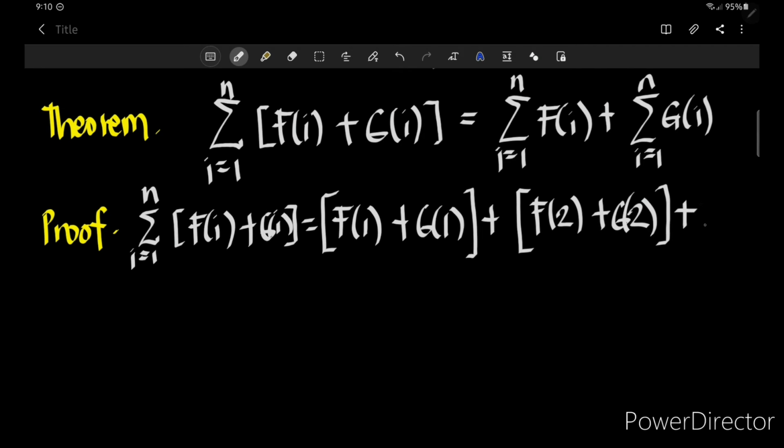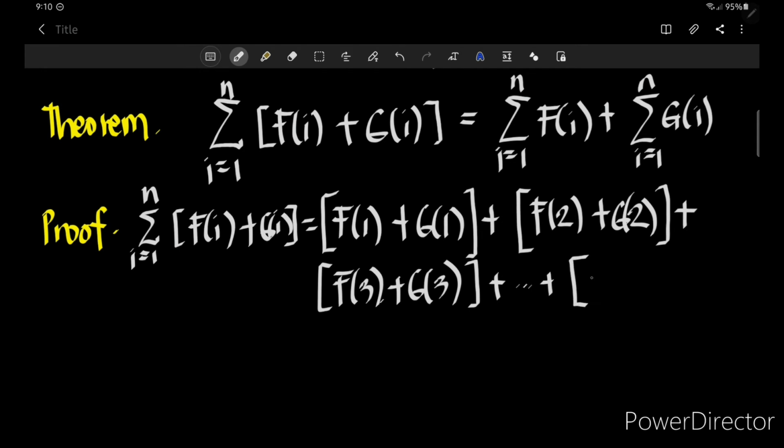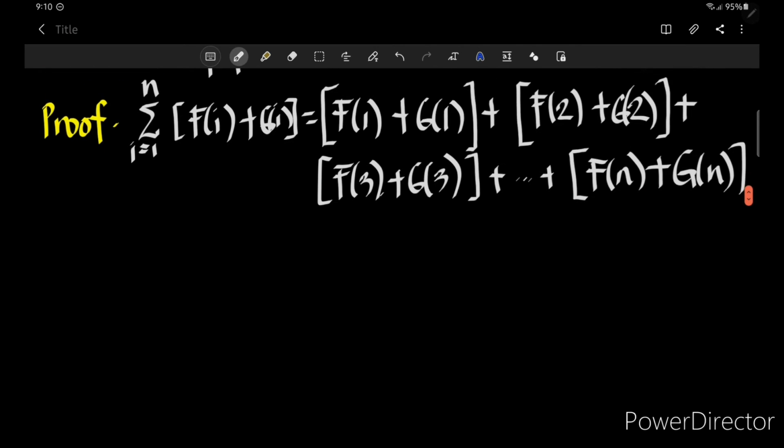Okay. Plus F of 3 plus G of 3 until we reach F of n plus G of n. Okay. Ngayon, since they are separated by addition symbol, nagko-commute yan dahil commutative ang addition, right?